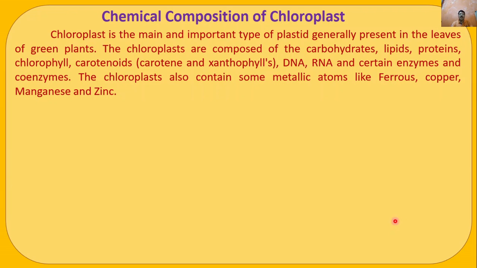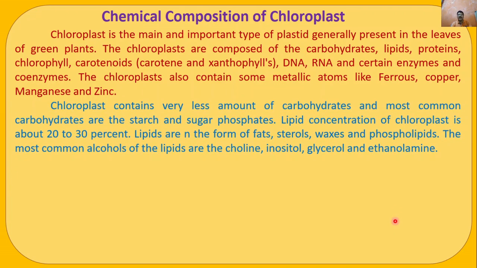The chloroplasts also contain some metallic atoms like iron, copper, manganese and zinc. Chloroplast contains a very small amount of carbohydrates, and the most common carbohydrates are starch and sugar phosphates. Lipid concentration of chloroplast is about 20 to 30%. Lipids are in the form of fats, sterols, waxes and phospholipids. The most common alcohols of the lipids are choline, inositol, glycerol and ethanolamine.